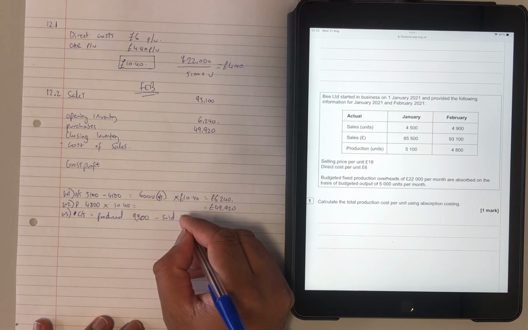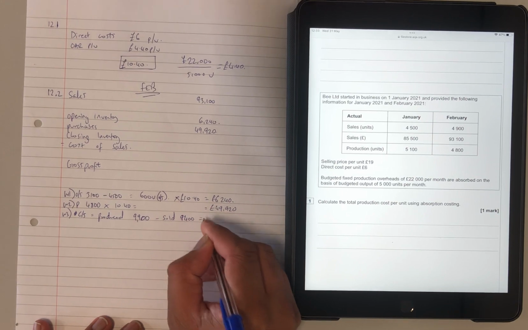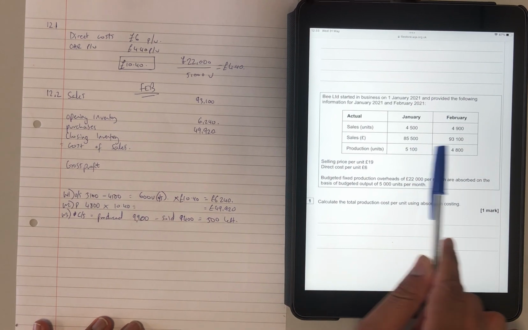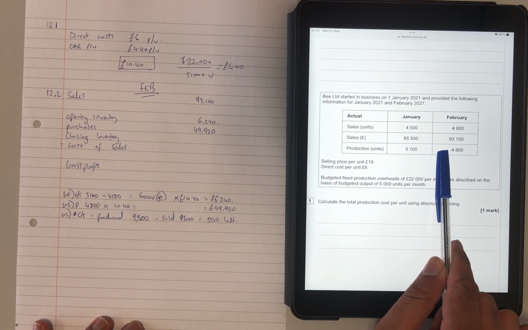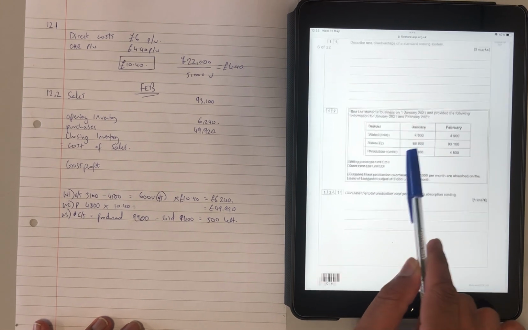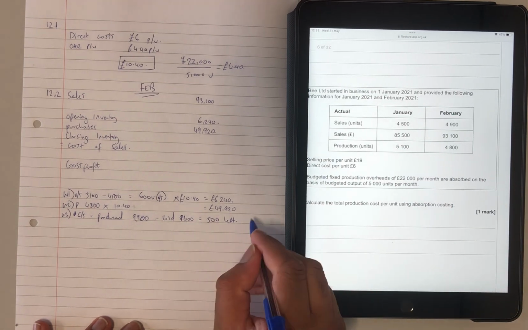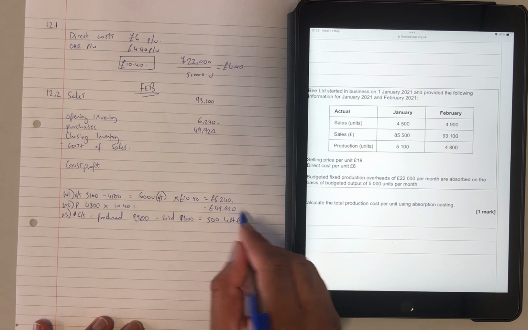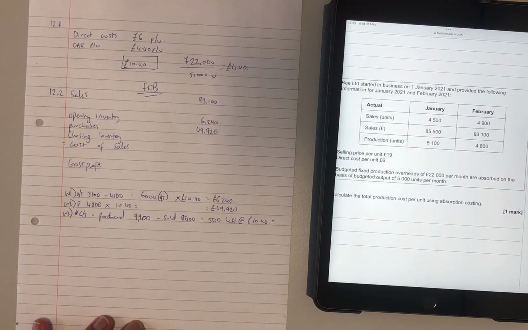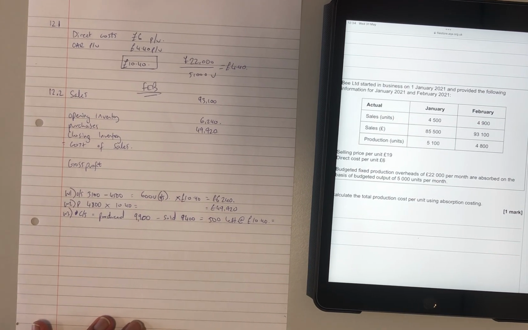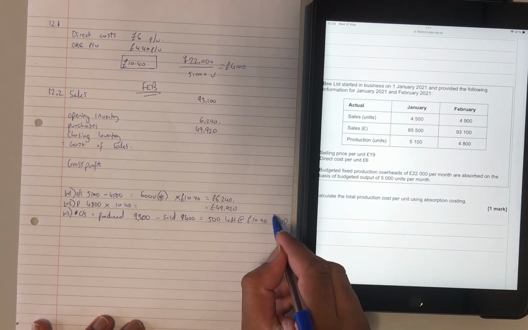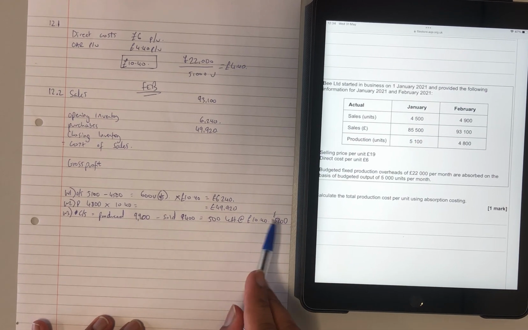So 9,900 minus 9,400. So we've got 500 left. Okay, we produced 9,9. We sold 9,4. Totals of these two, which means we have 500 left at the price of £10.40, and that equals 5,200. Okay. So closing stock 52.